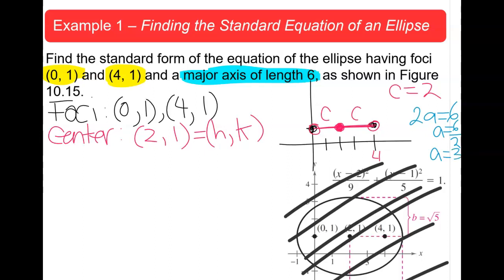What I know is that the vertex is going to be located 3 units from the center in each direction. Now, since we already have the foci graphed horizontally, that tells me that the major axis is the horizontal axis.